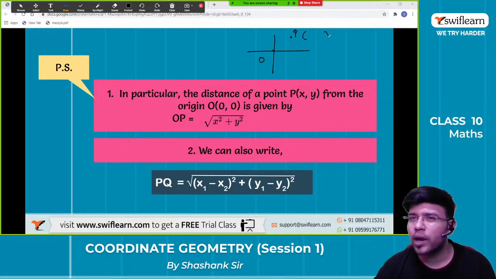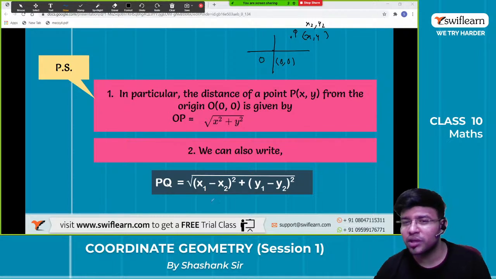The x and y coordinates are like this, and use the formula square root of x2 minus x1 square plus y2 minus y1 square. Substitute x2 as x, y2 as y, and x1 as 0, y1 as 0. Simplify, and you get the square root of x square plus y square. This distance is OP.